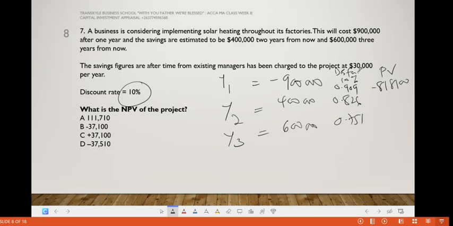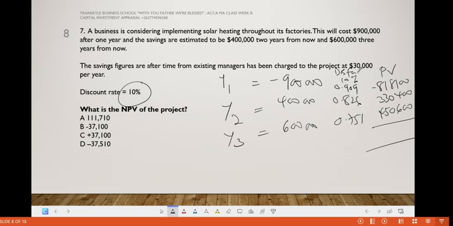And then 400,000 multiplied by 0.826, that's 330,400. Then 600,000 multiplied by 0.751, that's 450,600.